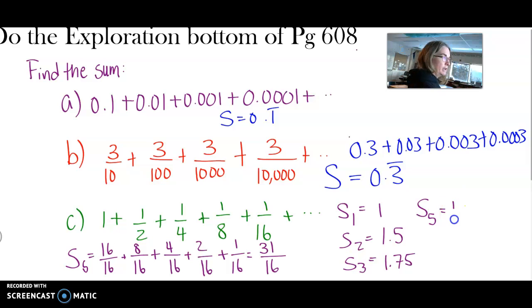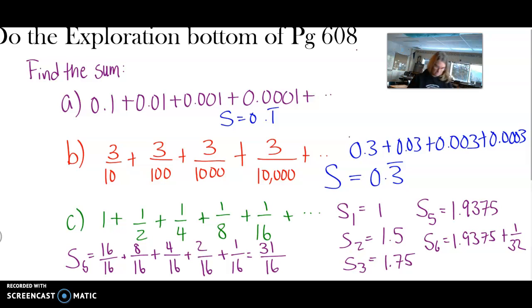So this is 1.9375. I'm adding smaller and smaller fractions every time. I'm still adding to it, but just a tiny bit. If we look at the 6th term, let's just keep going here. It's going to be 1.9375 plus 1 over 32.